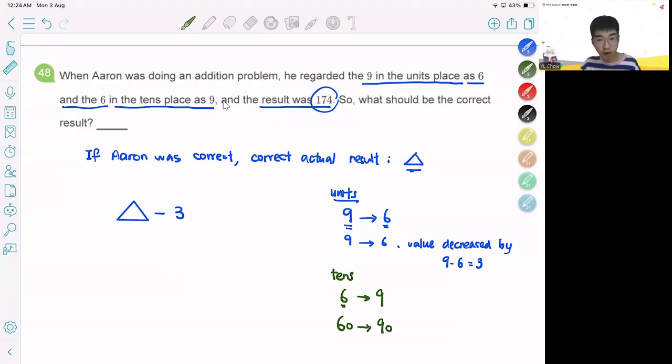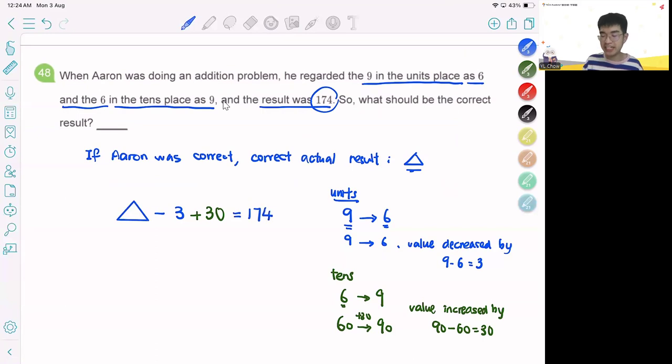This, of course, causes an increase in the value by how much? 90 minus 60 equals 30. So the second mistake causes an increase in the value of 30. These two mistakes contribute to a change in the value, which contributes to the result 174.